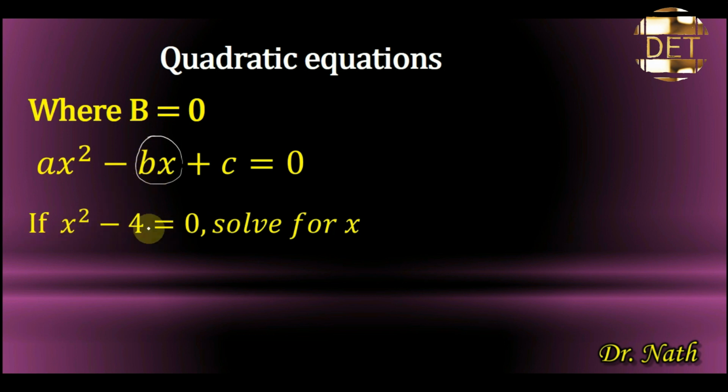This example is a typical illustration of this kind of situation where b is equal to 0 or bx is missing. So the question is, if x squared minus 4 is equal to 0, solve for x. If you compare it to the general form, you will discover that your ax squared is there.